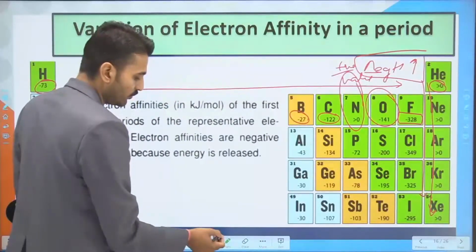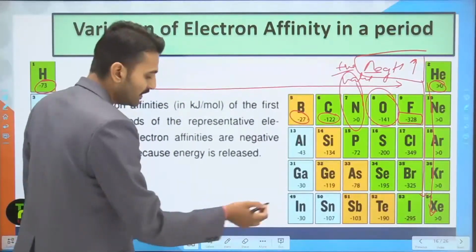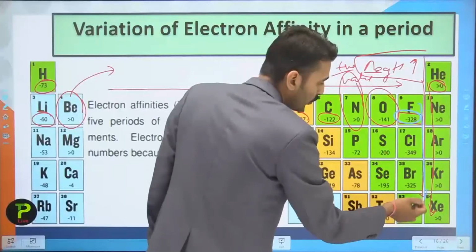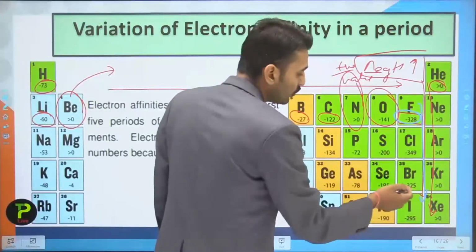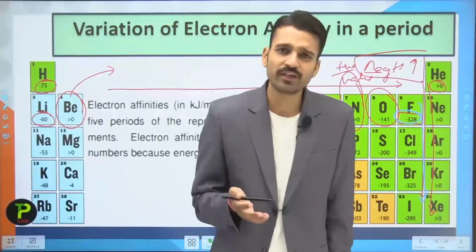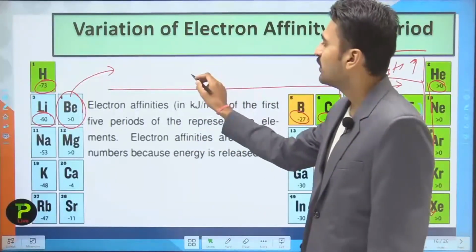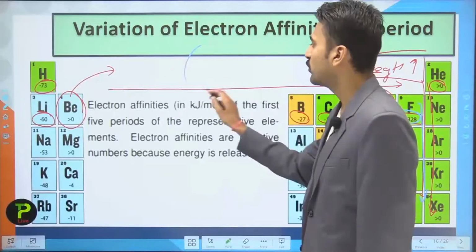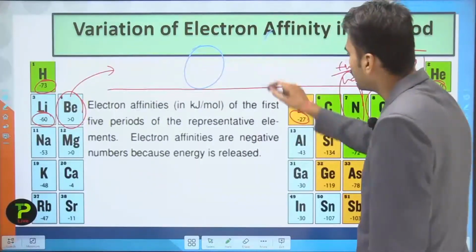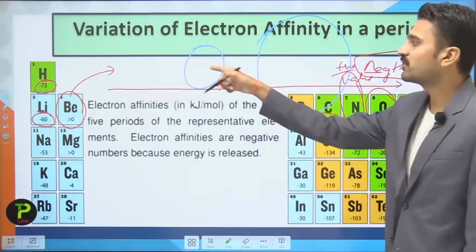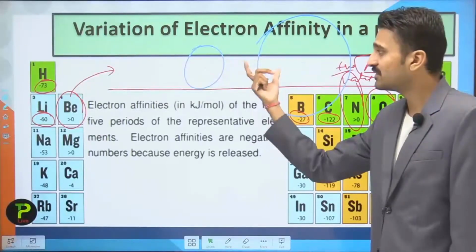So what happens to the electron gain enthalpies as we move down in a group? You can clearly see here, students, that as we move down the group, the electron gain enthalpies keep on decreasing. Why? Just remember, if this is the first member of the group, and this is the last member of the group, this is the nucleus, this is the nucleus, and this is the size.